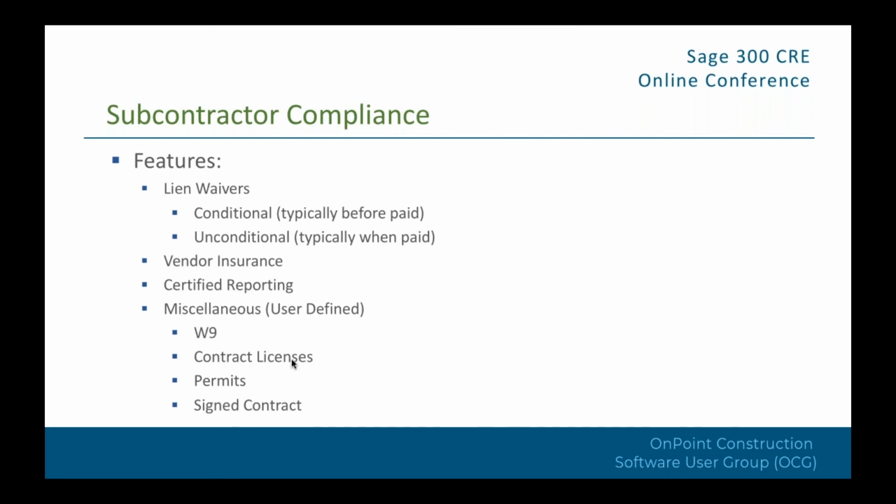Then some miscellaneous items, and those are user defined, and I'll show you where you set those up. It could be like a W-9, contract licenses, permits, a signed contract. And so you could also have punch lists, drug tests, some different items out there.